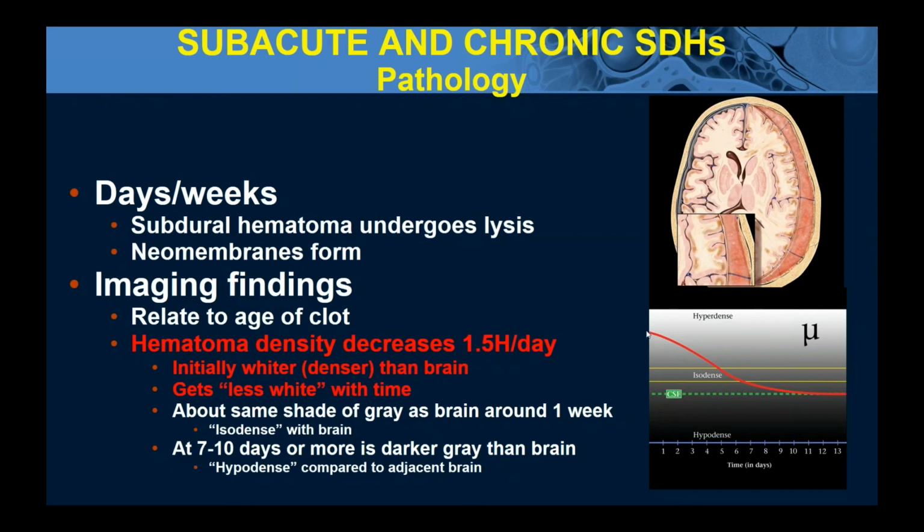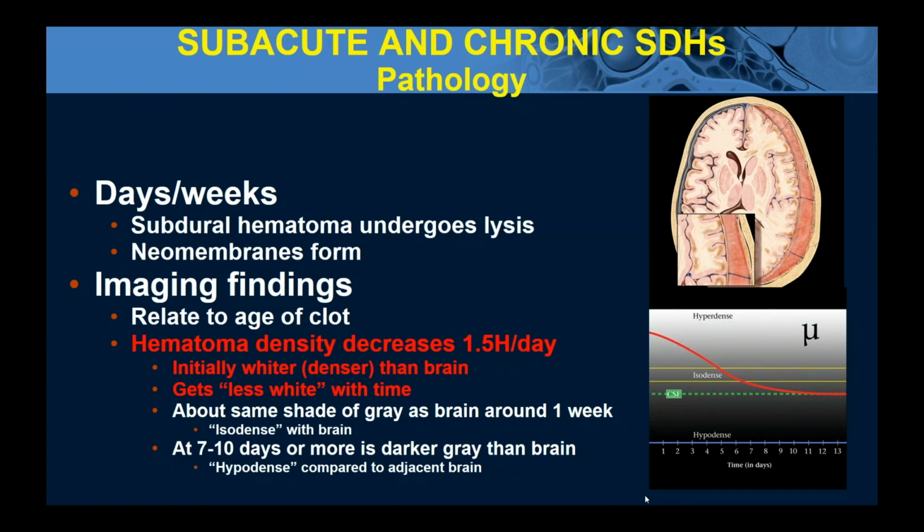And over here in the lower right-hand corner, we've drawn what this means. And so here is blood. And early on, maybe 1 to 2, 4 or 5 days, it's hyperdense, so it's going to be initially whiter or denser than the adjacent brain.